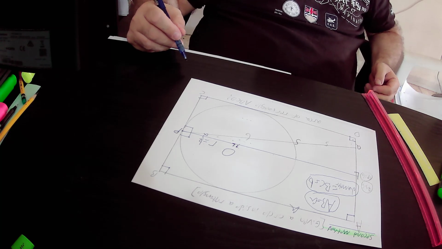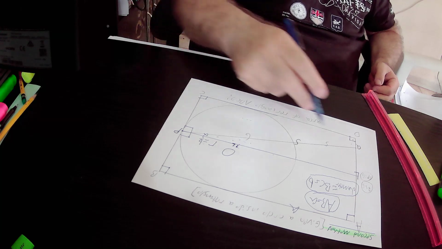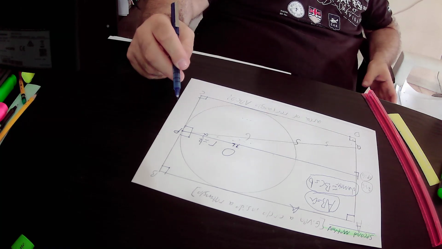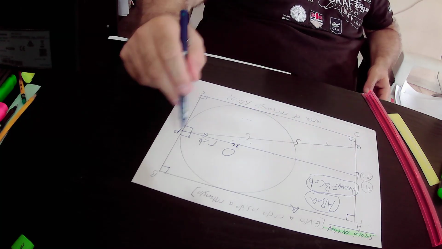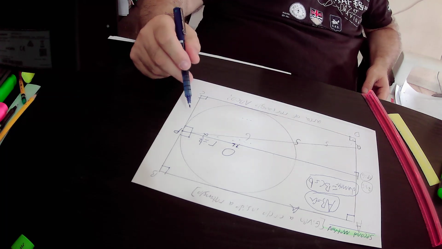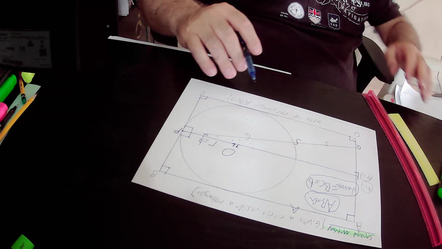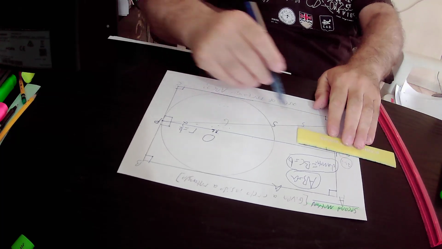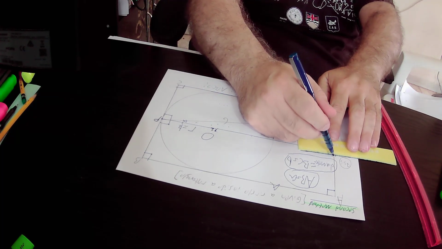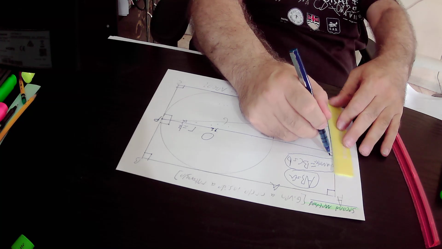So by this construction, we actually created quadrilateral ABLP. Inside quadrilateral ABLP, we have 1, 2, 3 right angles. Therefore, the fourth angle, this angle, must also be equal to 90 degrees.